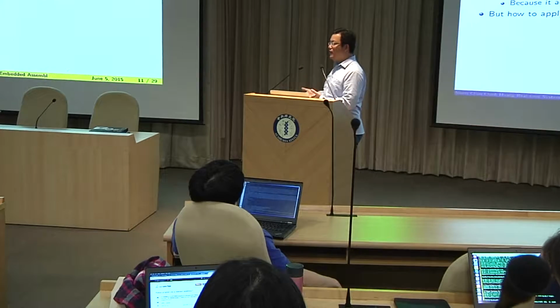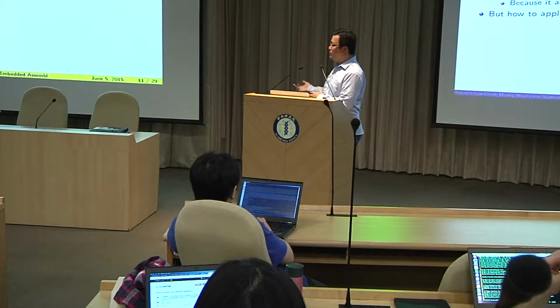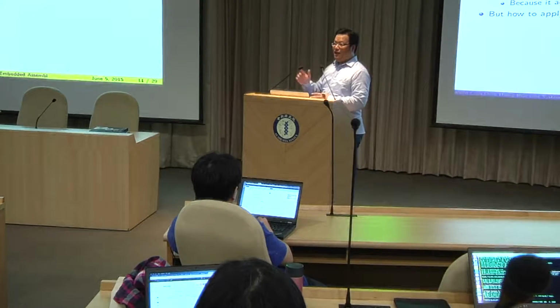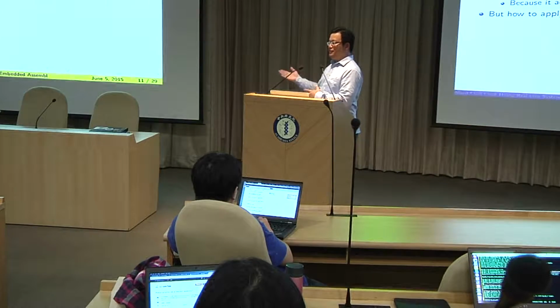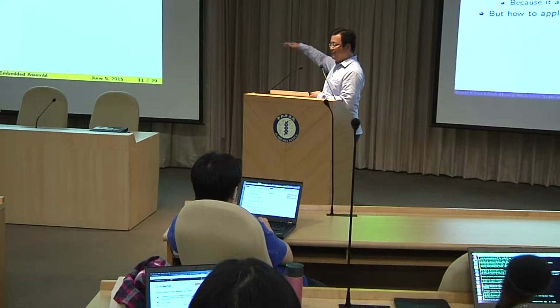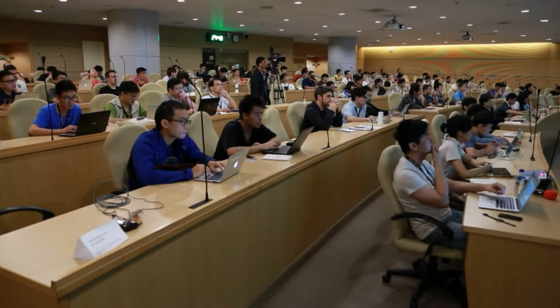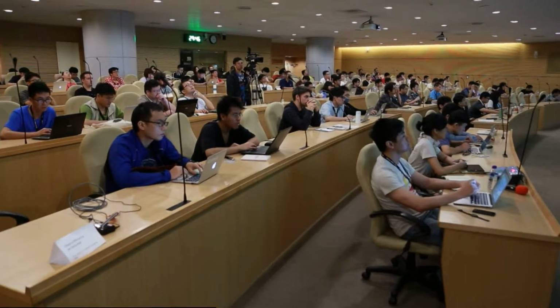But how can we apply this rapid prototype to assembly? I won't go into too much detail because this system is still running, and I can't disclose too much. But after so many years of writing assembly, I realized that C is actually a thin wrapper of assembly.